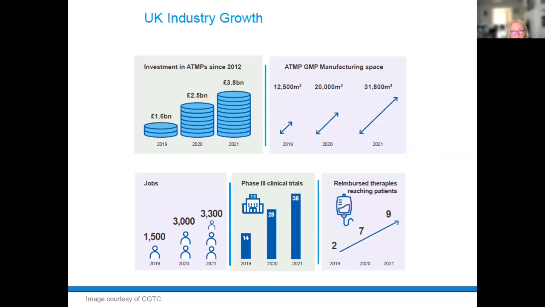And this slide here just shows you a couple of statistics where if we look at investments into advanced therapies, including gene therapy, over the last few years, you can see that the investments are very, very significant. Manufacturing of gene therapy products is always a big issue.